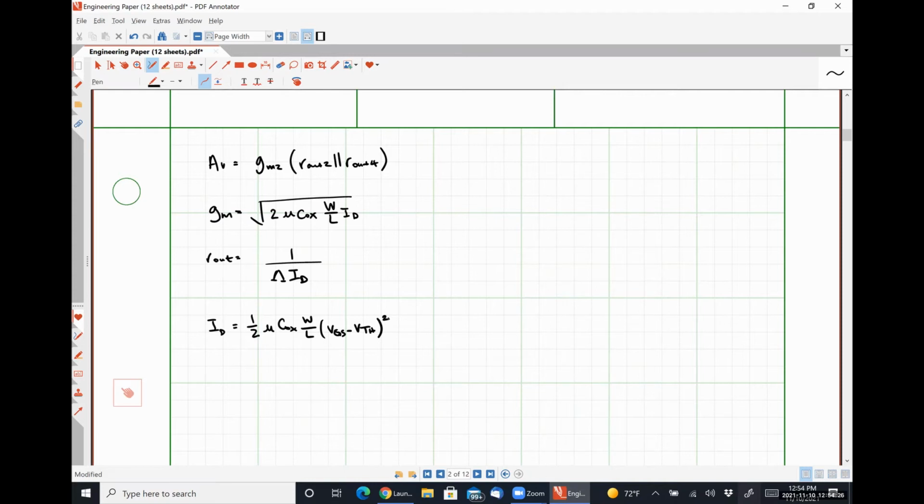But we can see that our transconductance depends on our width over length ratio, and ID does as well. So that's where we can do most of our tinkering with maximizing this guy, right?